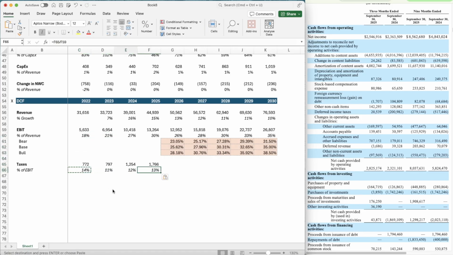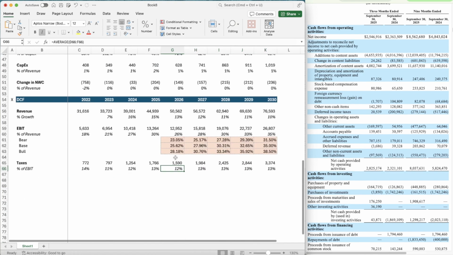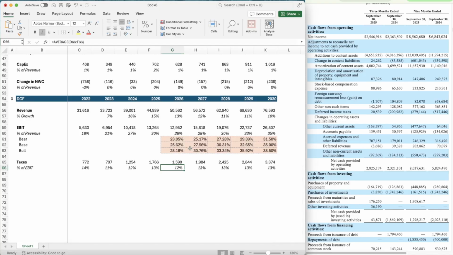Pull this along. Then average. There we go. Take your EBIT and multiply it by the tax rate. Now that we've linked these together, it just means that every time we change the switch, the taxes will adjust as well as the EBIT.